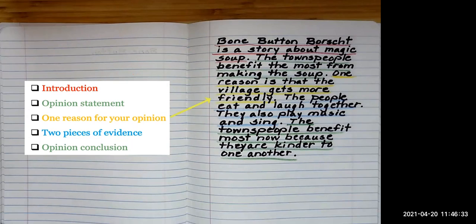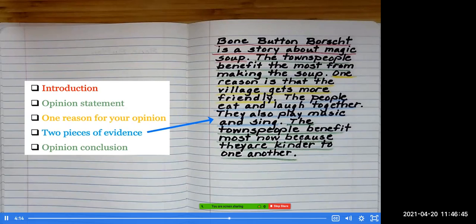I also provided a reason to support why I think the townspeople benefited the most. I also included 2 pieces of evidence from the text that support the reason. And at the end of the paragraph, I have an opinion conclusion, and that conclusion reminds the readers of what my opinion is.